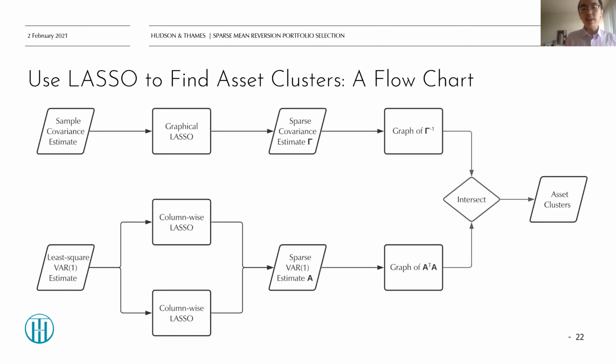And in order to get a conditional dependence graph, we want an undirected graph, because the sequence doesn't really matter if we're just considering the conditional dependence between two variables. And we will calculate the intersect of these two graphs, and then we can get a really small asset cluster that we can either apply a greedy algorithm or convex relaxation, or even a brute force search to get the best mean reversion portfolio.